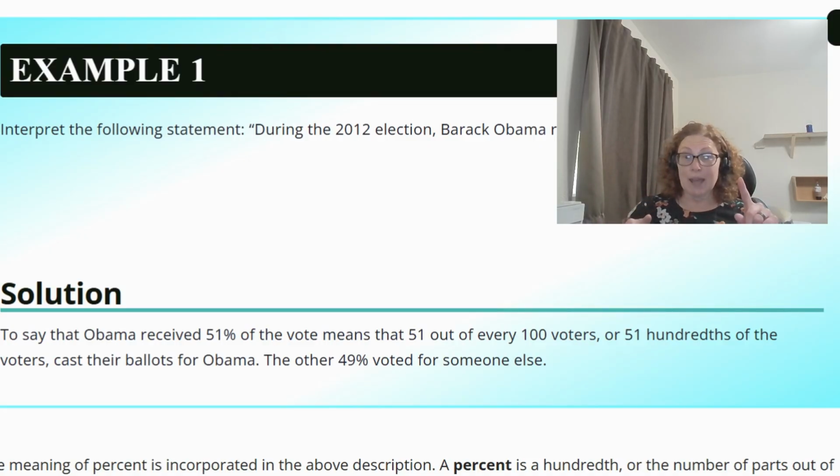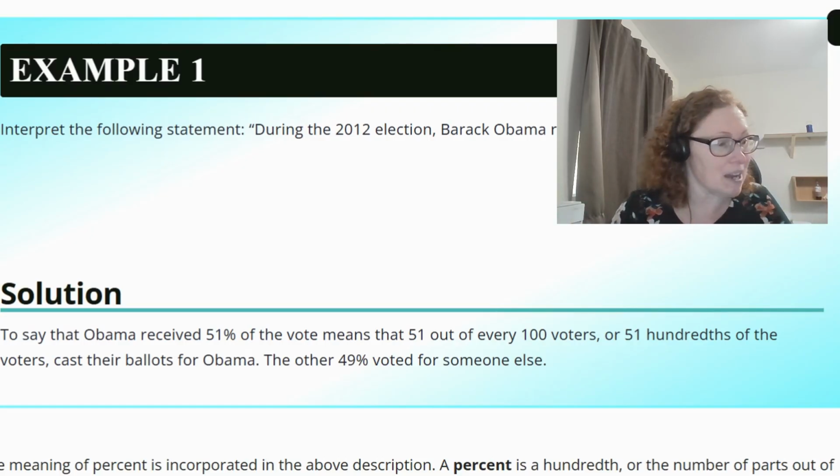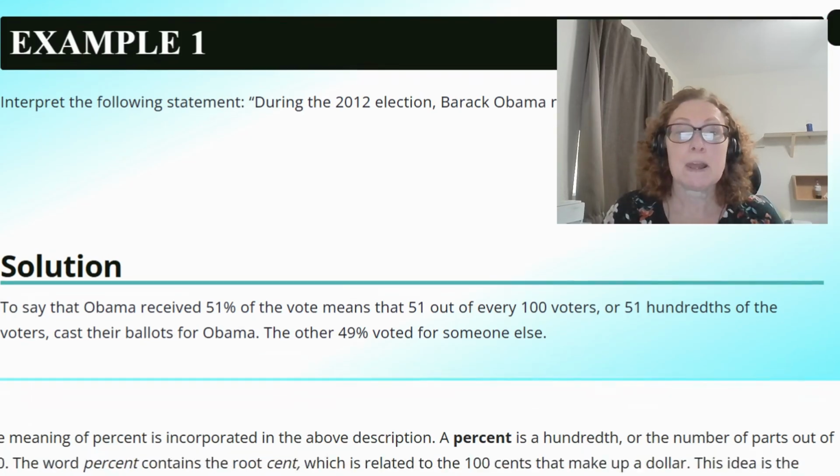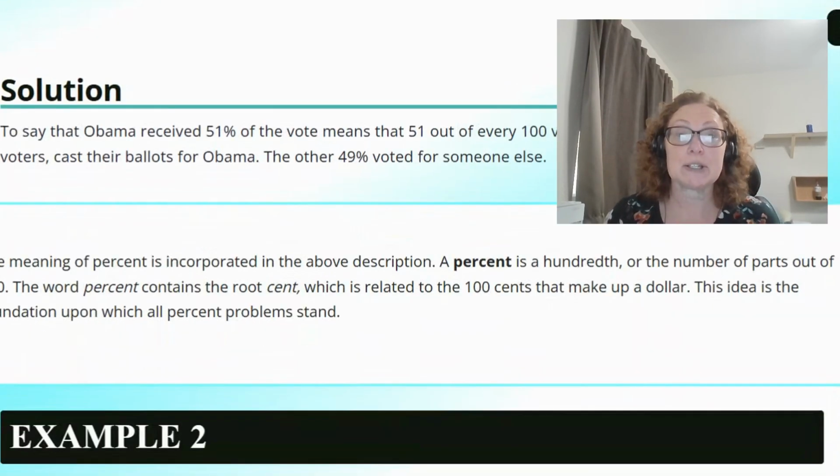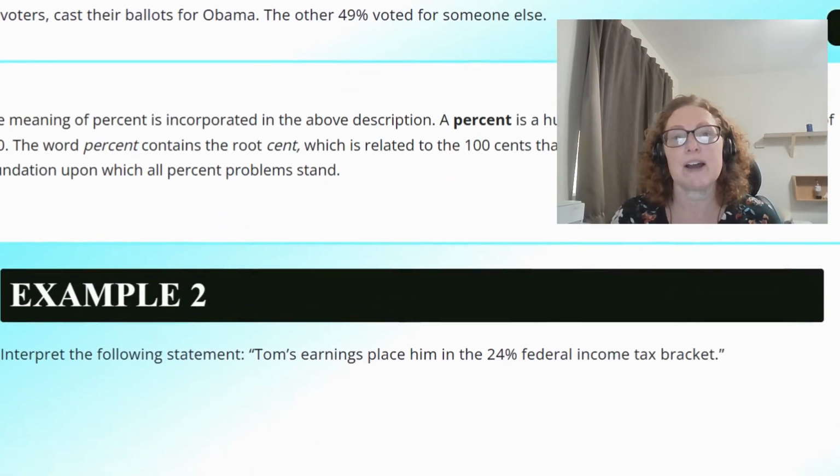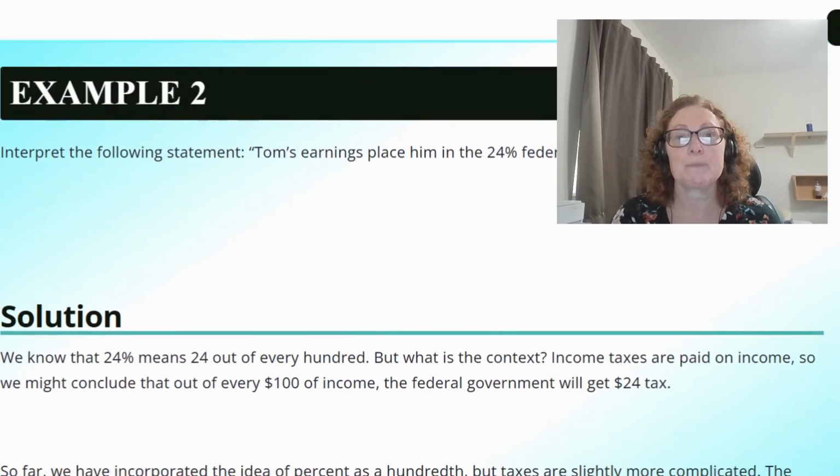So you see how we have 100, it's out of 100, okay? 51 over 100. And what's 100 minus 51? 49. So that's where we get the other percentage. A percentage is a hundredth, or the number of parts out of 100. So that's just an idea of how you can think about that.